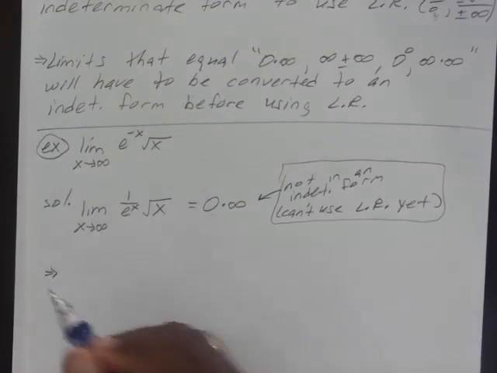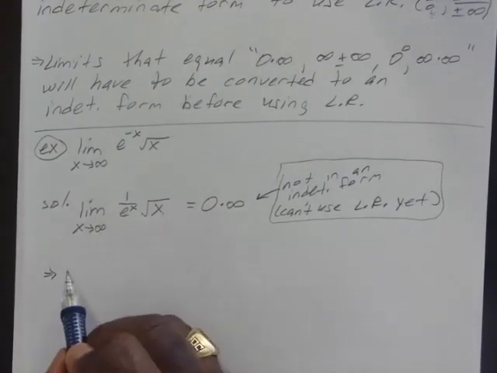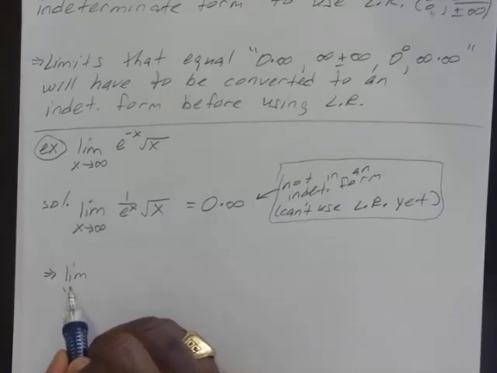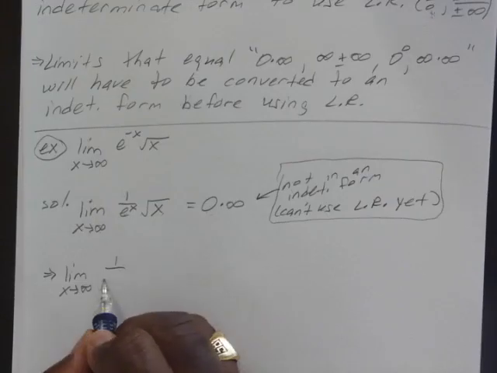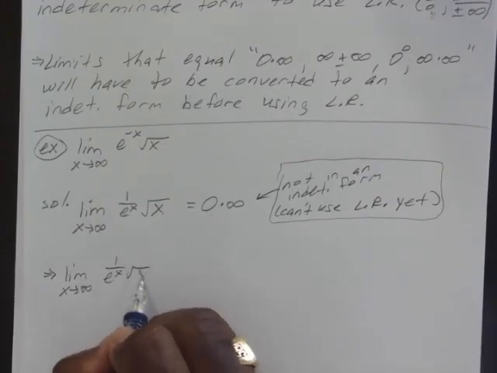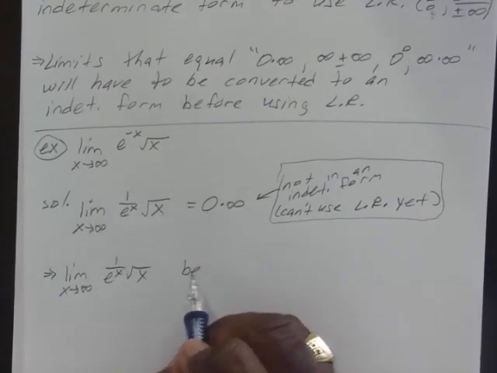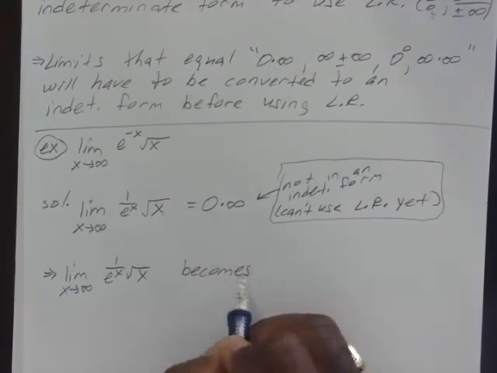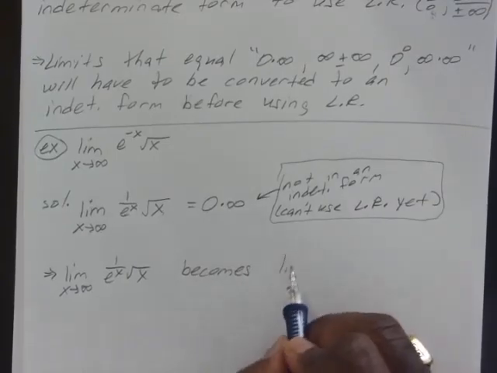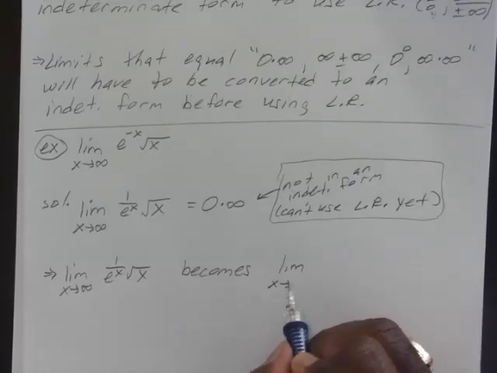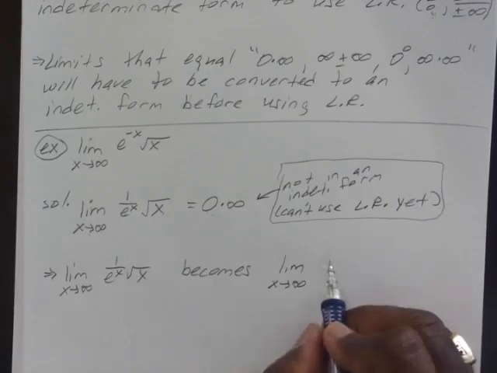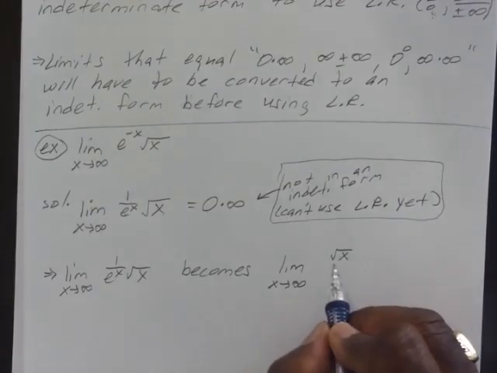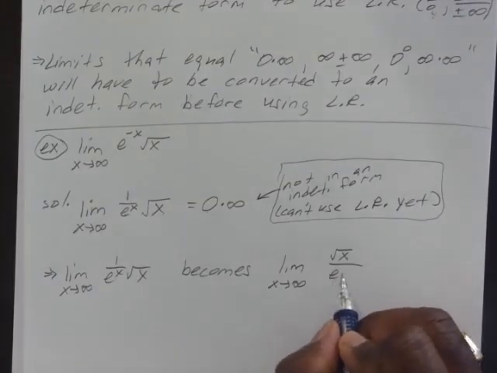And sometimes just a little quick change is all you have to do. So the limit as x approaches infinity of 1 over e to the power of x times square root of x, you can rewrite that. It just becomes the limit as x approaches infinity. Just move your square root of x right up there: square root of x divided by e to the power of x.